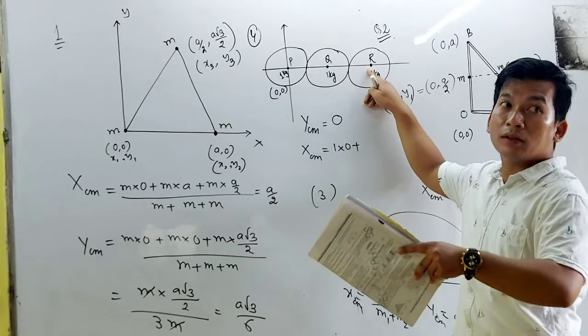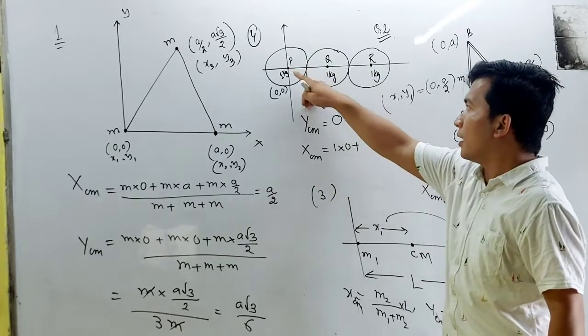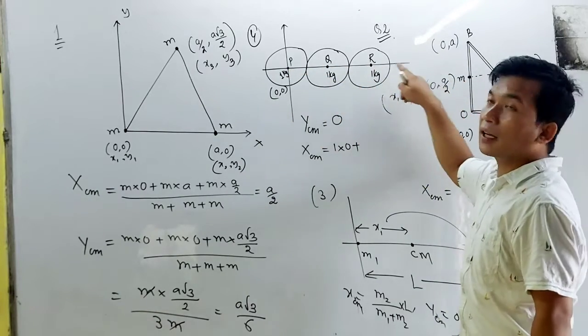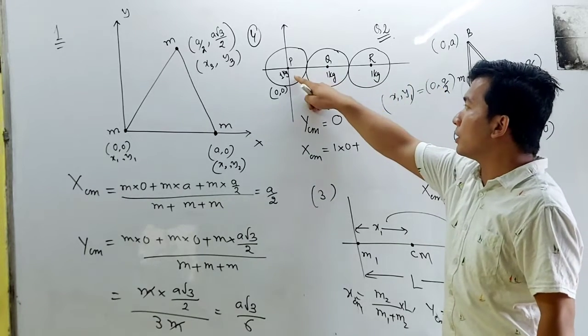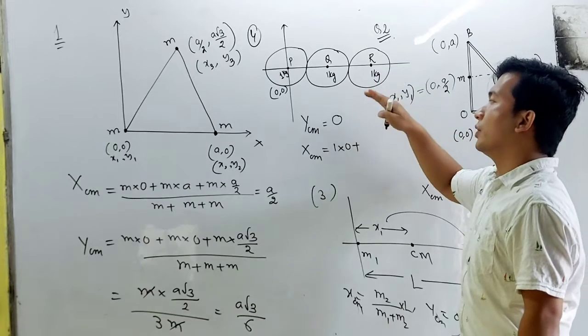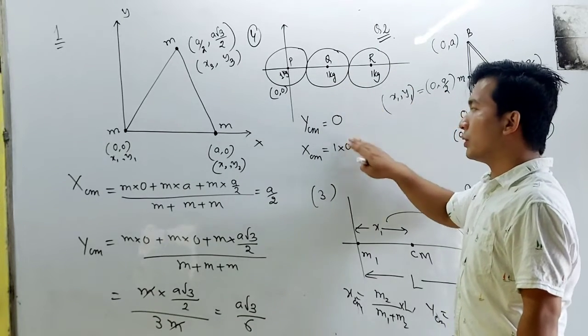All the masses are along the same x-axis, and since all the masses are along the x-axis, we cannot have ycm. YCM will be equal to 0.